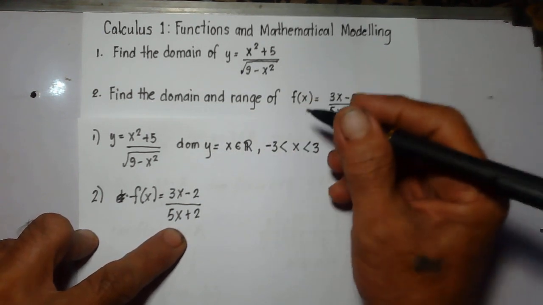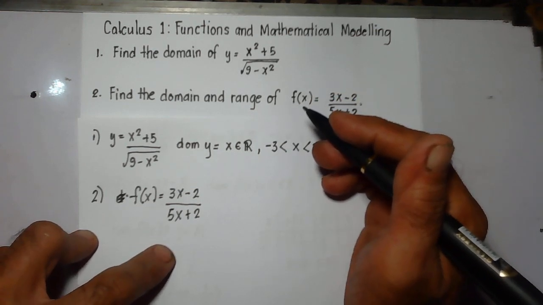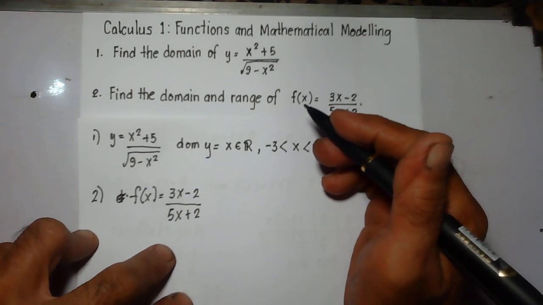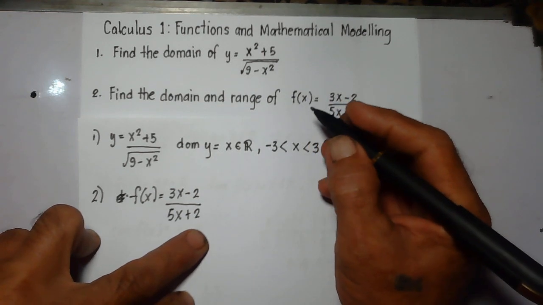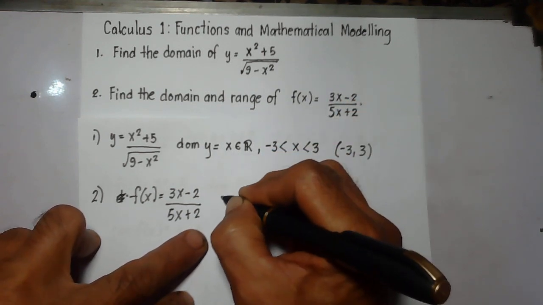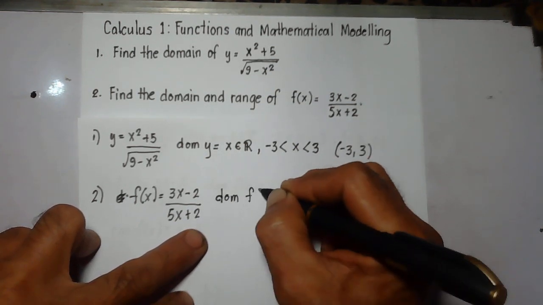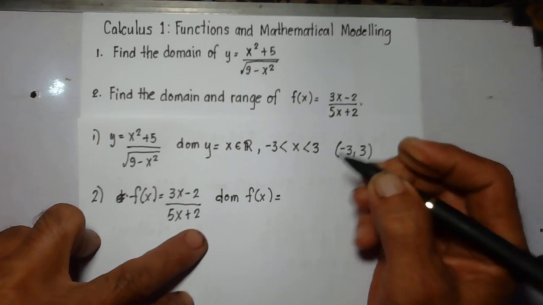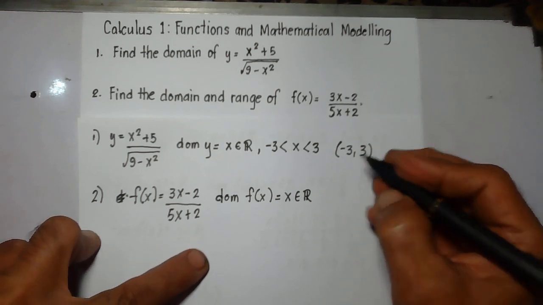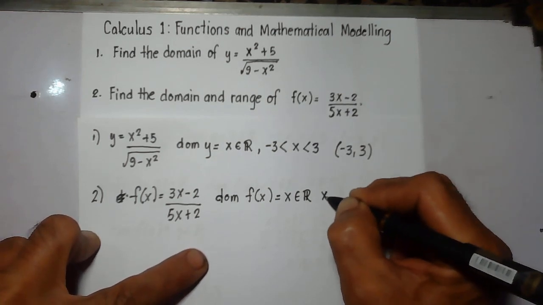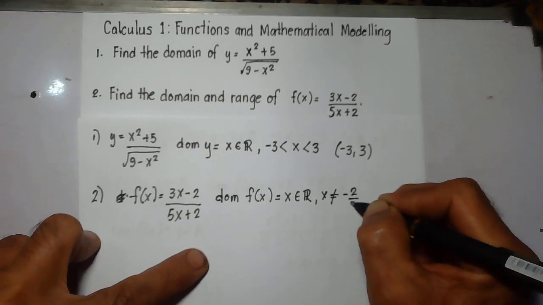But we can assign other negative and positive values which are the elements of real numbers for x. Okay, so we write the domain of f of x is x element of R, but x should not equal to negative 2 over 5.